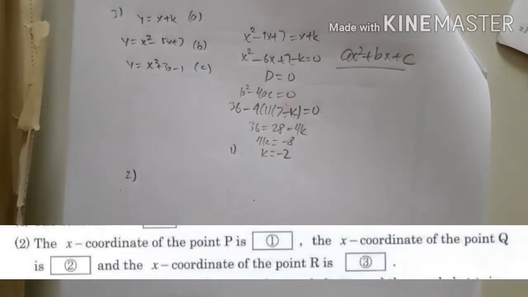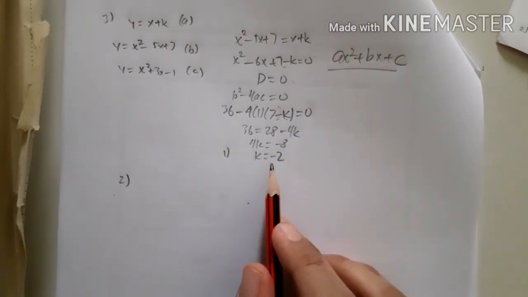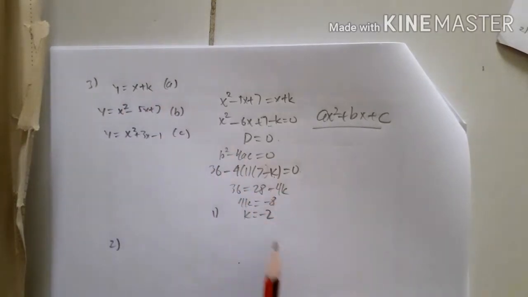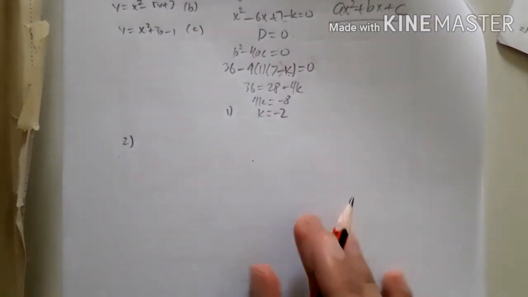Now for question 2, what is the x-coordinate of point P? Point P is the point of tangency between line A and parabola B. We have found line A, which is y equals x minus 2. Now we have to find the point of tangency.